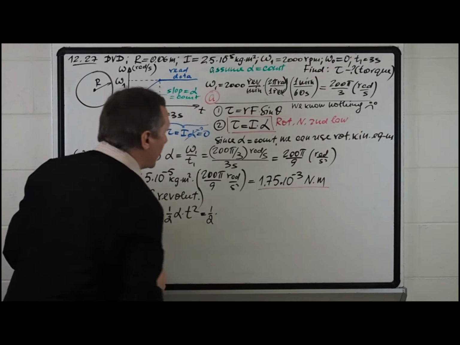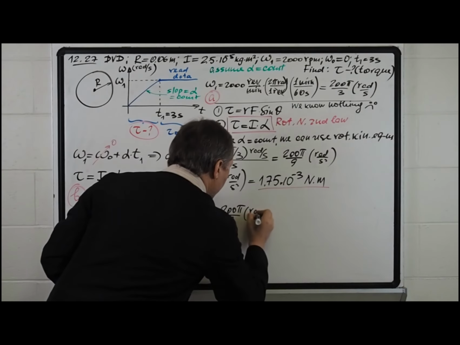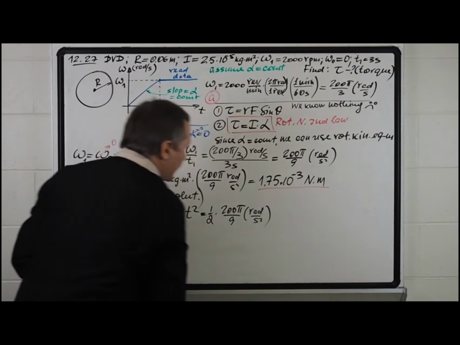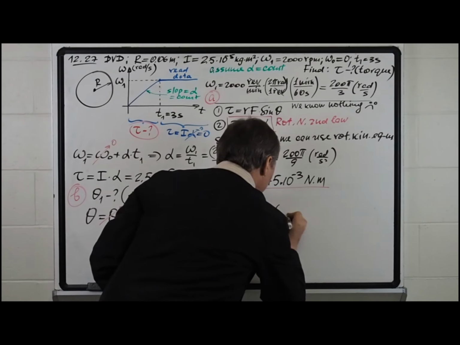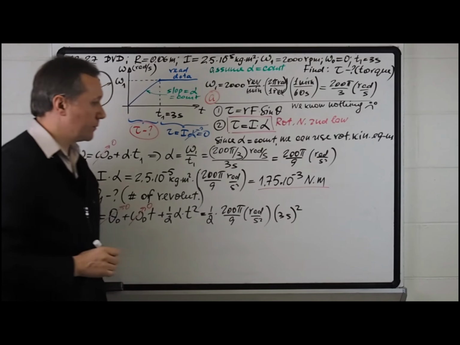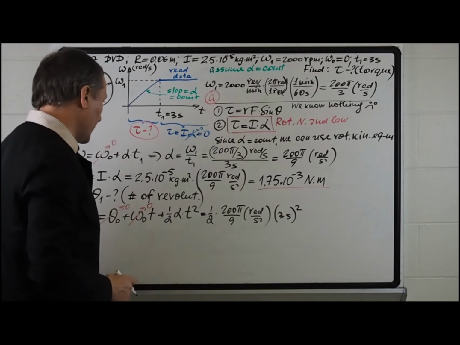1 over 2 alpha, 200 pi over 9 radians per square second, times 3 seconds to the power of 2. 2 seconds here, 2 seconds there can be cancelled, so we will have only radians, which is what we are supposed to get.